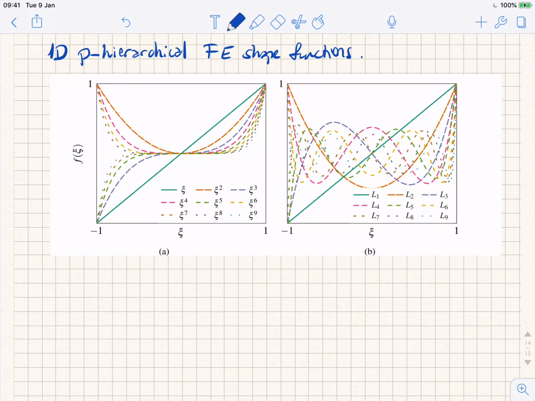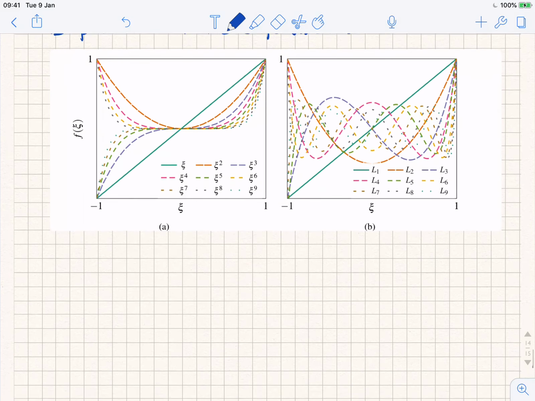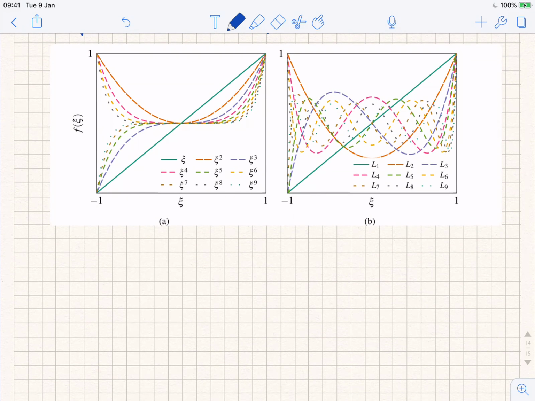So we're going to start with some definitions. What is the space of functions that we're going to be dealing with? Again, we're going to talk about some space that I call S^p_h for a fixed mesh size.